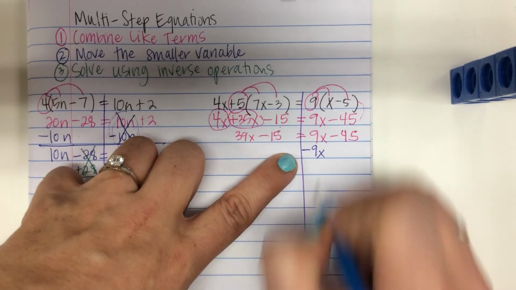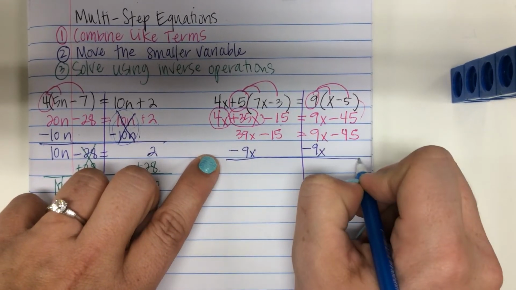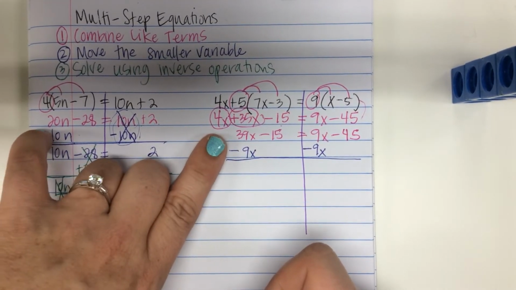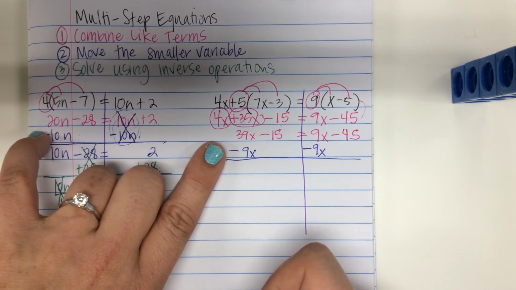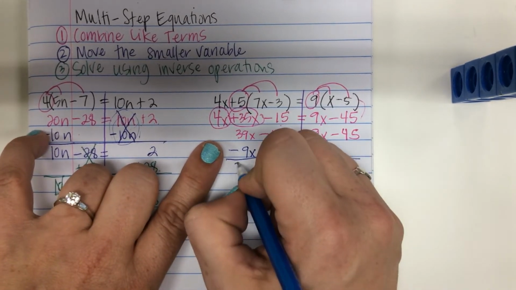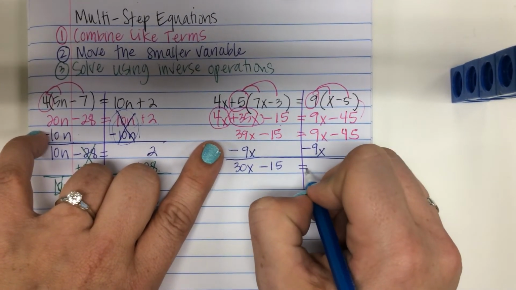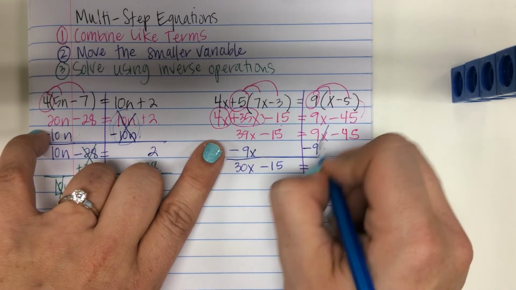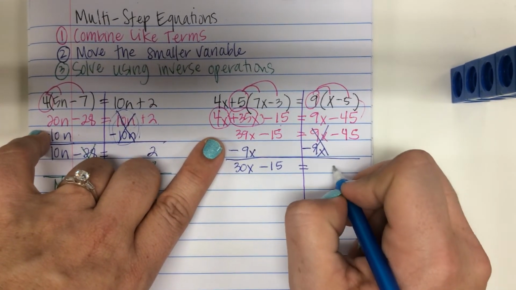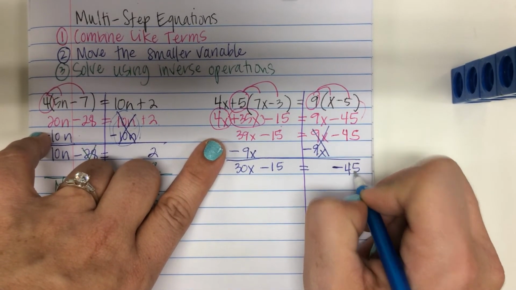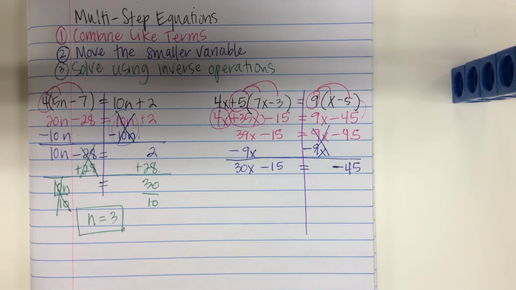Minus 9x, right? 39x minus 9x is 30x minus 15 equals, inverses cancel out. What's left over? Perfect. That minus sign belongs to the 45. Negative 45. I moved the smaller variable.